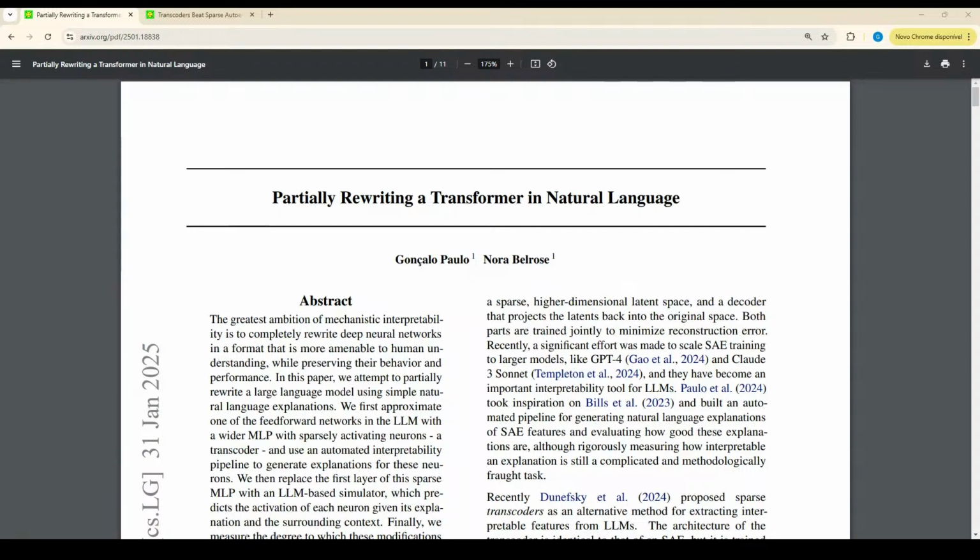I can start. Today we're going through one of my most recent articles with Nora. This is, I would say, a mostly negative results kind of paper, and it's also short enough.